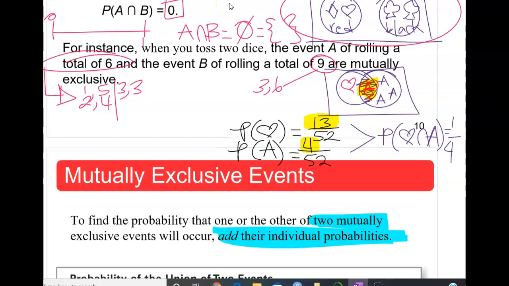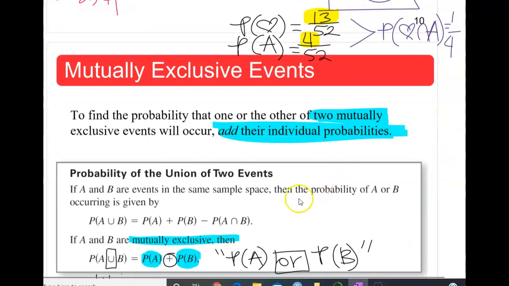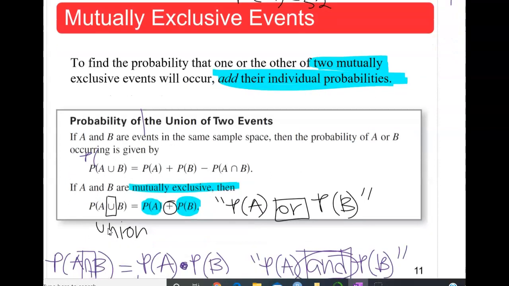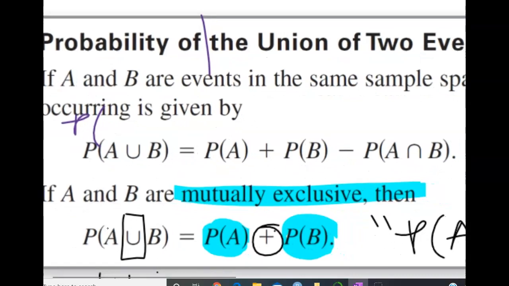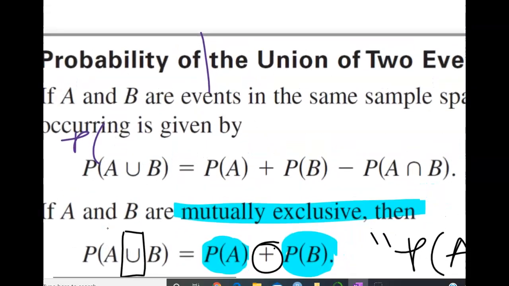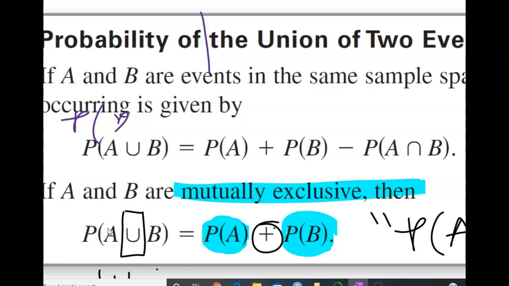1/4. So if we were to go to this problem and find what is the probability of getting a heart or an ace, remember this union means or, then we will have to find the probability of getting a heart.